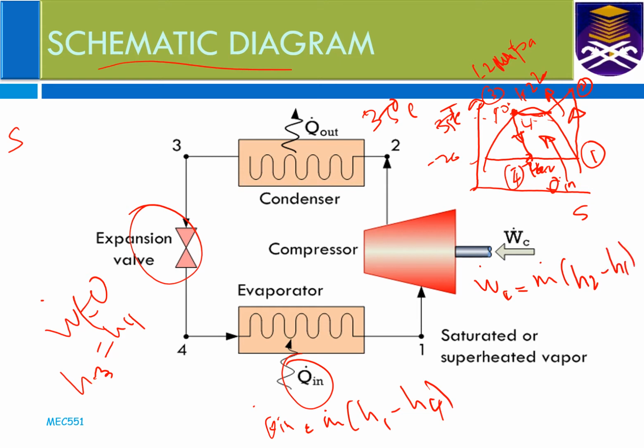For the condenser, Q dot out equals m dot times H3 minus H2. Bear in mind that H3 is lower than H2, so the heat exchange in the condenser is negative. It means that the heat is rejected from the system to the surrounding.